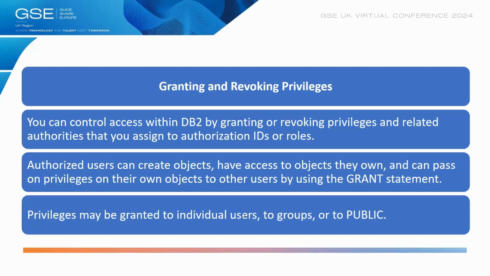Only authorized users can create objects and have access to objects they create and own, and they can pass the privileges of their own objects to other users by using the grant. If they are the owner, they can also provide these to others.